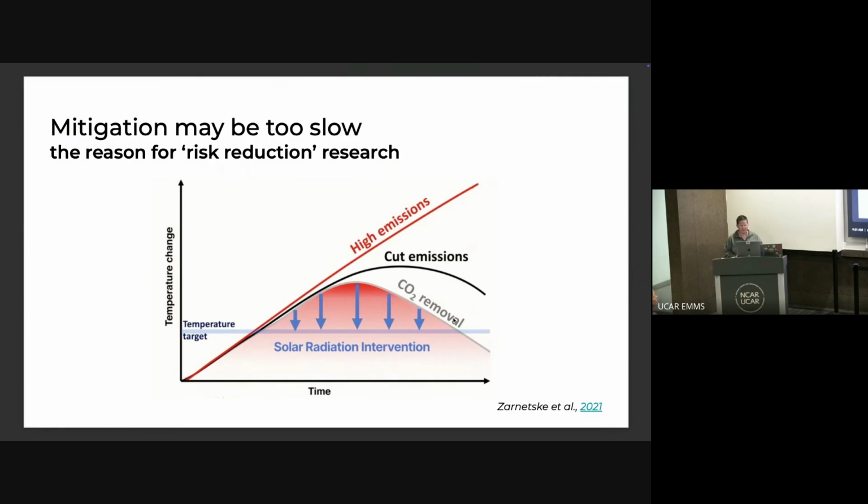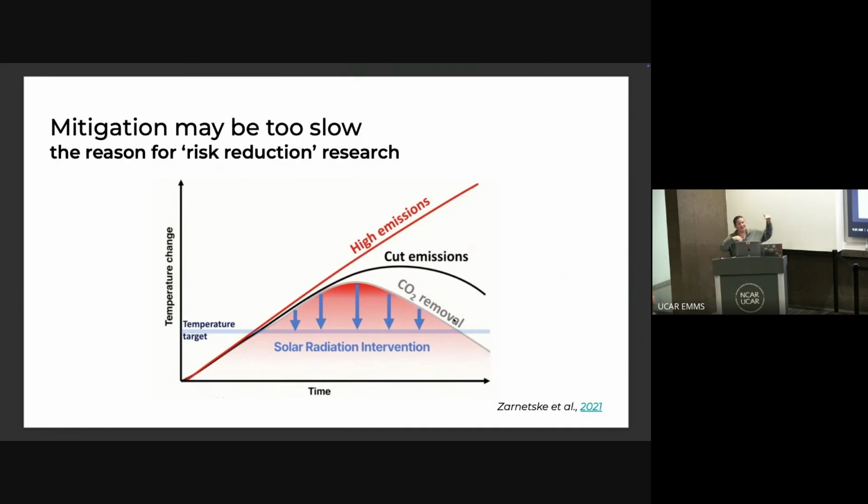This came from Zarnetske et al., where they were looking at marine ecosystem impacts. The idea was the black curve, if we're cutting emissions and we're doing CO2 removal, then the solar radiation intervention would be the blue arrows. So the idea is we ramp up solar radiation intervention for SAI as we are organizing ourselves for large-scale CO2 removal.